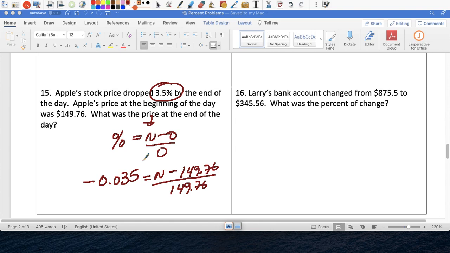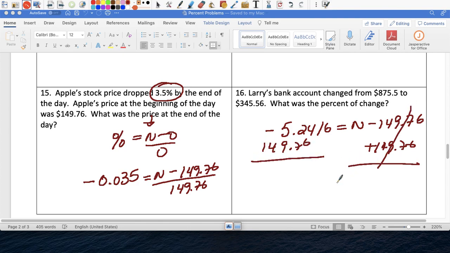You cross multiply. 149.76 times 0.035 equals negative 5.2416, which equals N minus 149.76. We're going to add 149.76 to both sides.